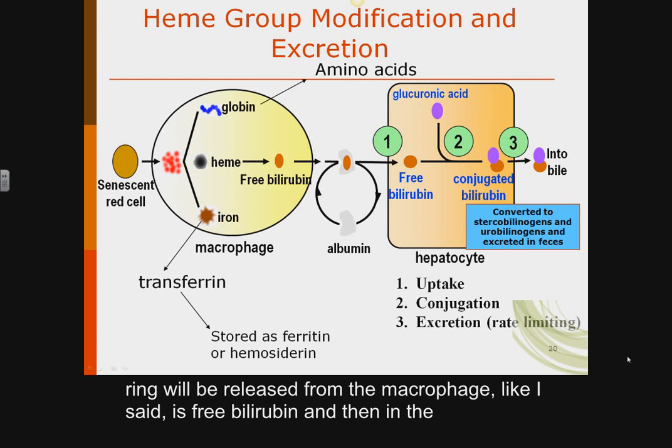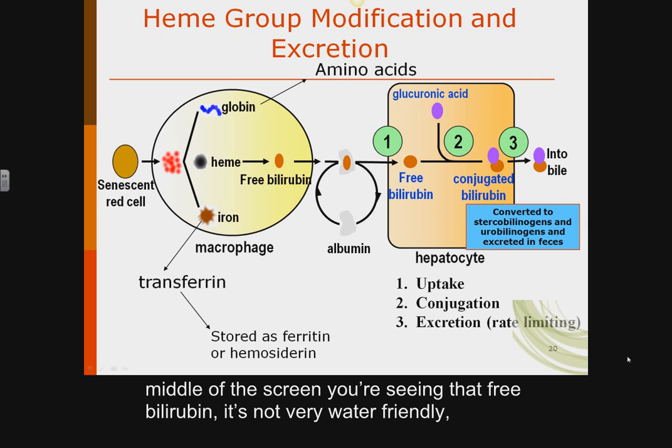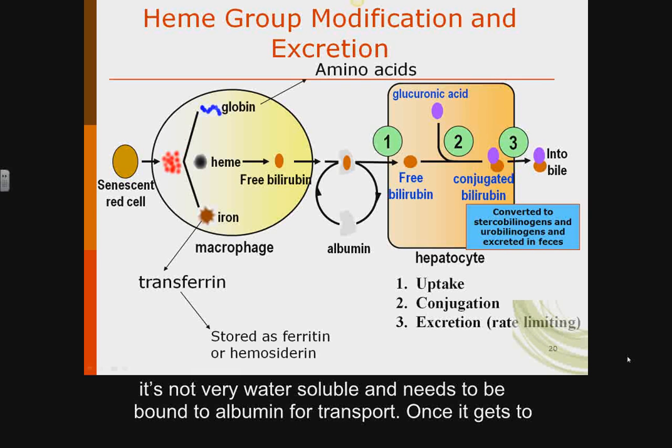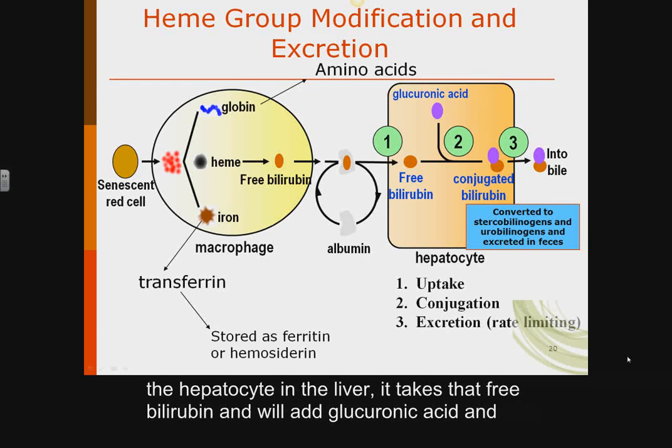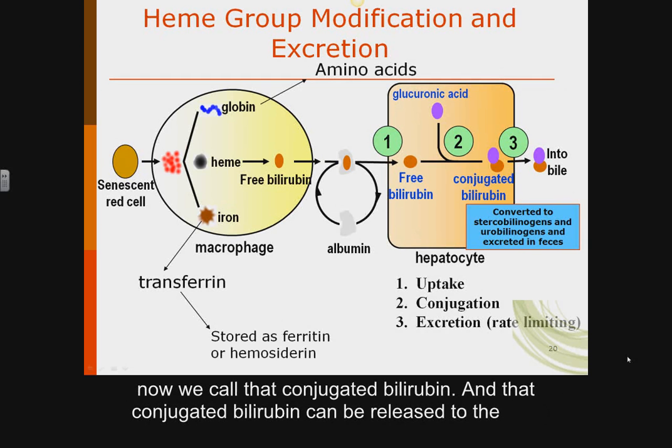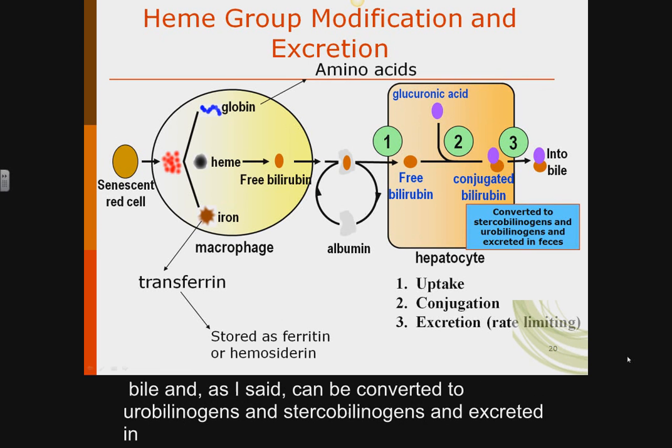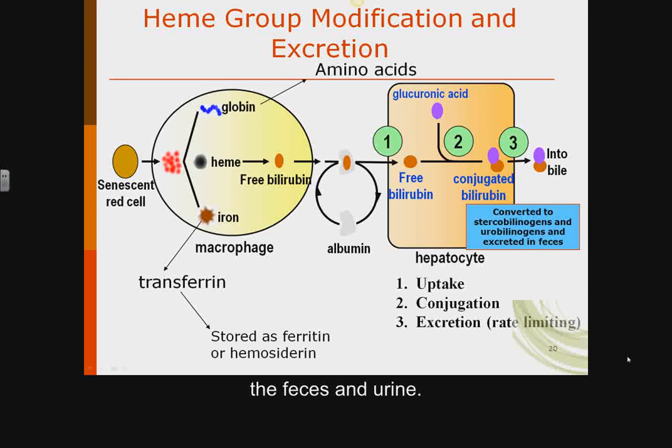Like I said, it's going to be converted to free bilirubin, and then in the middle of the screen you're seeing that free bilirubin. It's not very water friendly, it's not very water soluble, and needs to be bound to albumin for transport. Once it gets to the hepatocyte in the liver, it takes that free bilirubin and will add glucuronic acid, and now we call that conjugated bilirubin. And that conjugated bilirubin can be released to the bile, and as I said, can be converted to urobilinogens and stercobilinogens and excreted in the feces and urine.